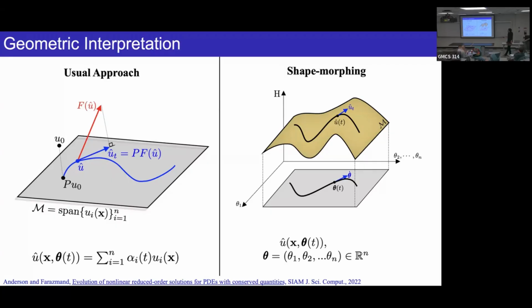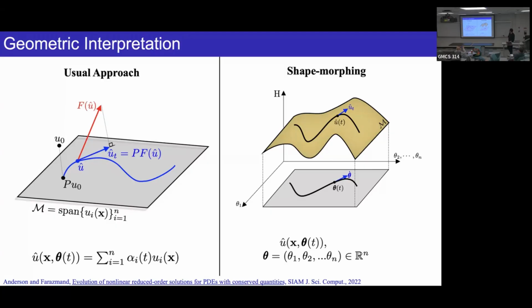But the right way to think geometrically about shape-morphing solutions is as a manifold immersed or embedded inside your function space instead of a flat subspace. And the reason that it's not flat anymore is that the solution now depends non-linearly on some of these shape parameters. More precisely, this solution space, this manifold, is actually a graph over the parameters of my solution.